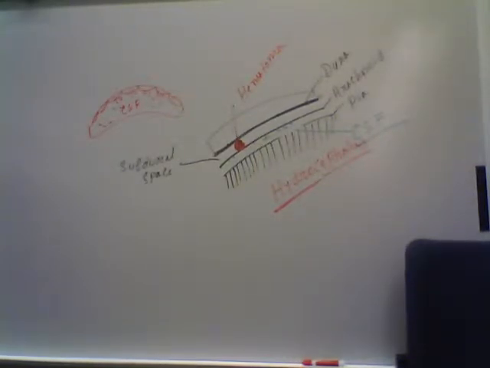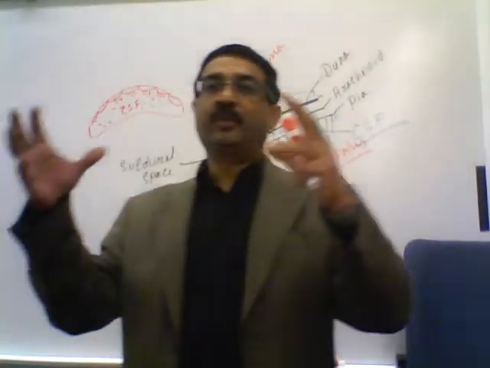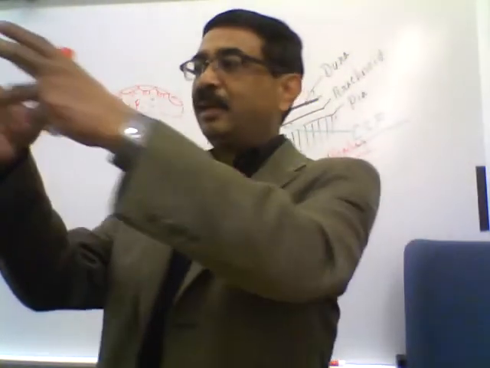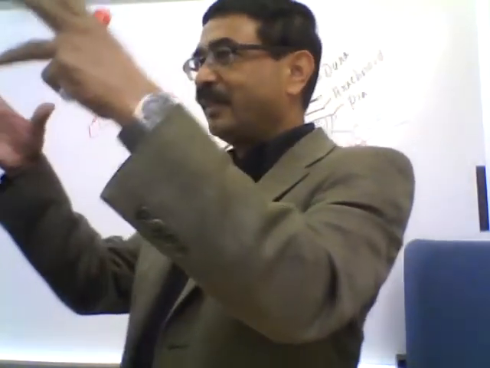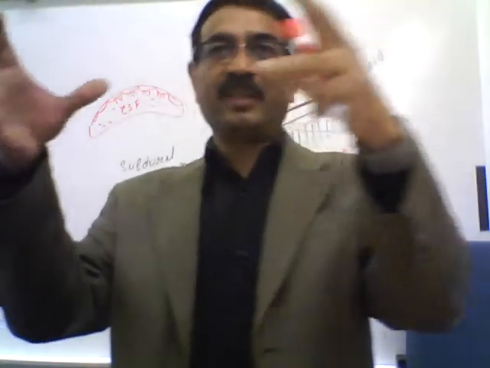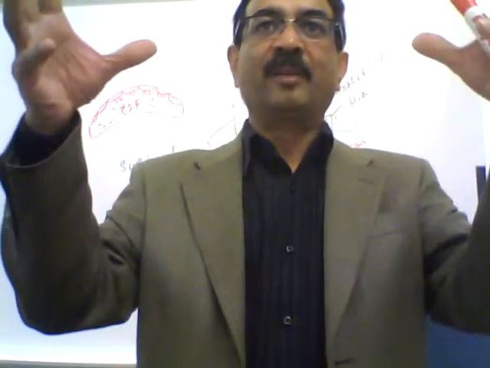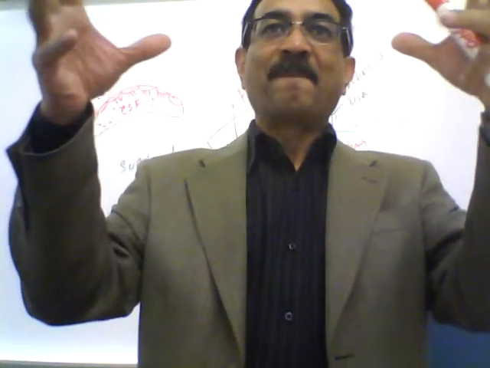So in that case, what will happen? More fluid will accumulate inside the ventricles, and gradually, as the fluid starts to accumulate, the brain will start to get bigger. Make sense? If more fluid accumulates inside the ventricles, then the brain will start to get bigger. So all the ventricles or mainly the lateral ventricles? Depends where the tumor is, right?